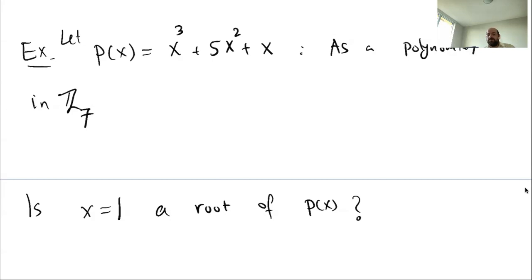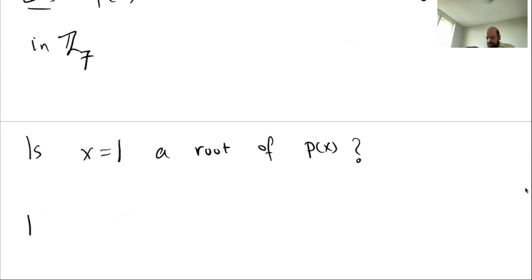But right now I am looking at P(x) as a polynomial in Z7. So my universe is now Z7. Everything is mod 7. If I want to know whether 1 is a root of P(x) as a polynomial in Z7, I have to look at P(1) again. P(1) is 1 cubed plus 5 times 1 squared plus 1, which is 7.